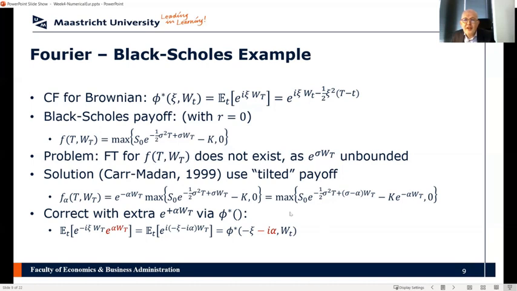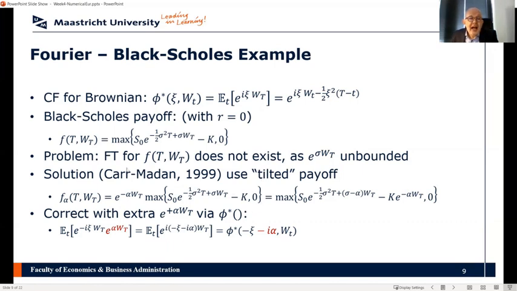So now I get a function that is of this form. It looks a little bit like discounting, but of course I am using e to the power -alpha Wt to make sure that this function does not explode to infinity if W goes to infinity. So now we have made this tilted payoff.